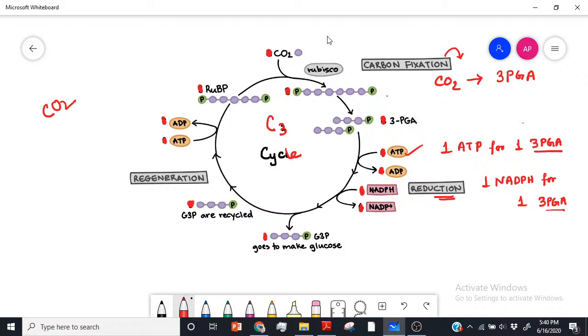These two are utilized, and finally they produce one compound known as 3-PGALD, whose full form is 3-phosphoglyceric or glyceraldehyde.